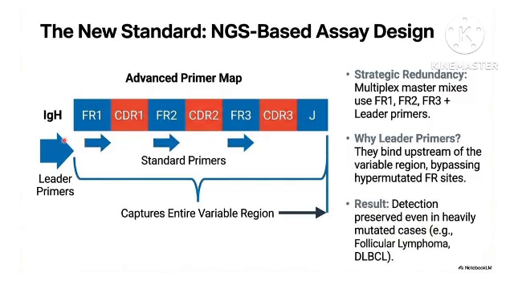So what you do is, I told you to remember the leader sequence also. Before every variable region, the leader sequence was there. So you target that region, you design primers against the leader sequence, so you can skip the variable region and you can get a better amplicon to look for clonality in these cases.